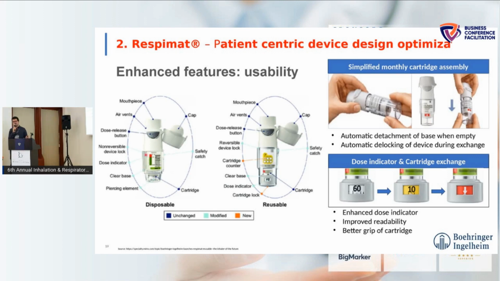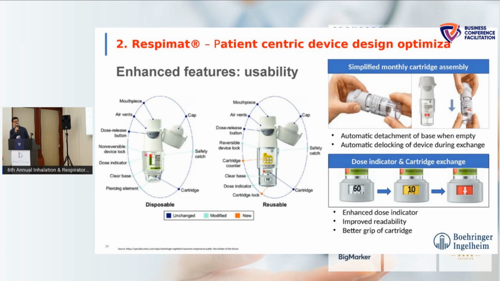And we also know that patients might have visual acuity issues, so they might not see very well. So they have increased the size of the dose indicator for the patient to really understand the number of doses that are still available. And they also changed the design for the patient to really understand, okay, this is the time that I need to change the cartridge.